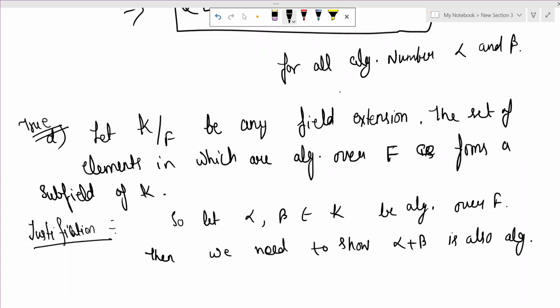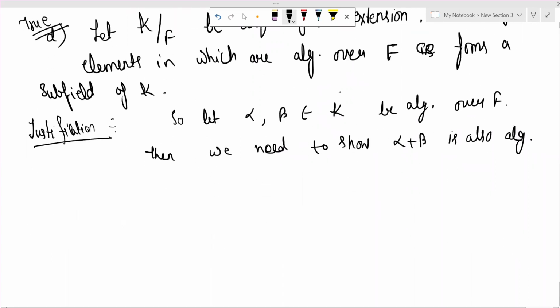But how will we do this? Is this clear or not? If clear, then tell me how we will do this. Because I did the same calculation in part C with Q. So generalize this for any arbitrary field. Just replace Q by F in that calculation.